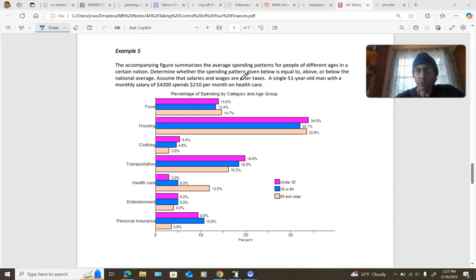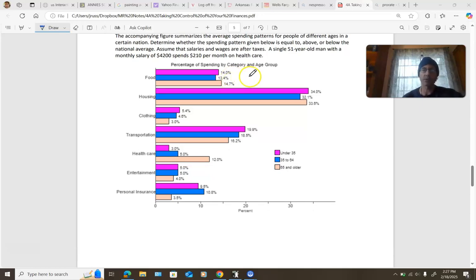All right, and so in order for us to determine whether he is spending more or less or equal to the national average, we need to actually figure out what percentage he's spending on healthcare of his total income. So his total monthly income is $4,200, and he's spending $210 of that on healthcare.